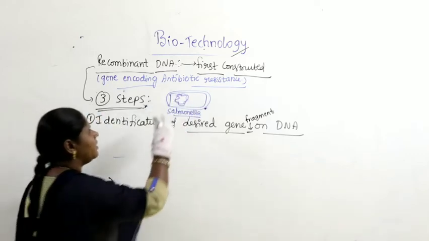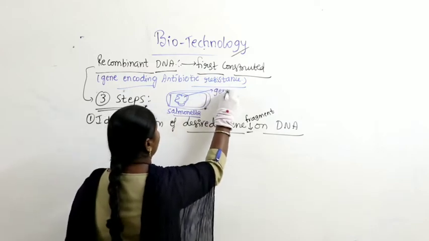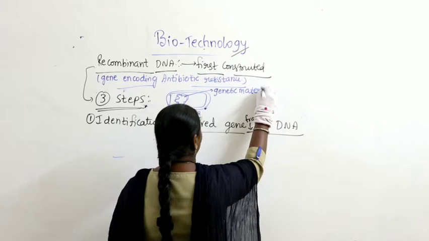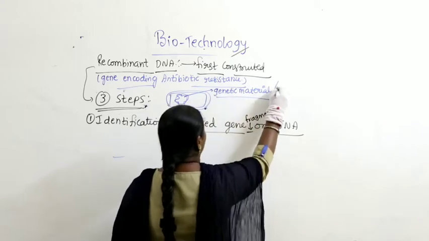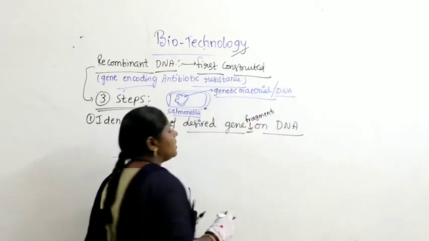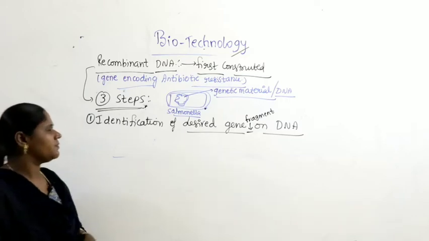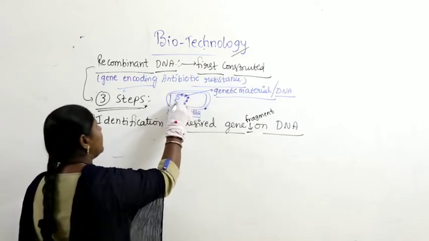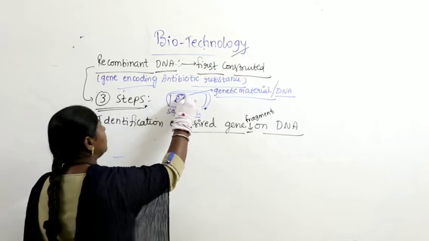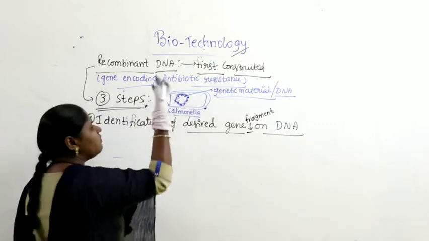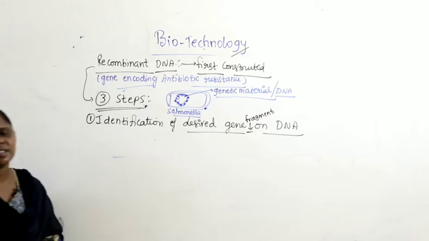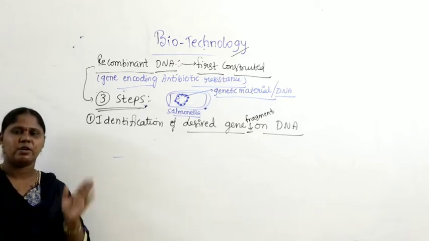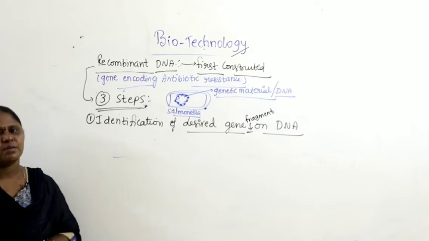This nucleoid, this genetic material or DNA you find in Salmonella typhimurium, contains millions of genes. Out of these millions of genes, which genes show antibiotic resistance? That is the biggest thing people have to achieve by doing experiments.